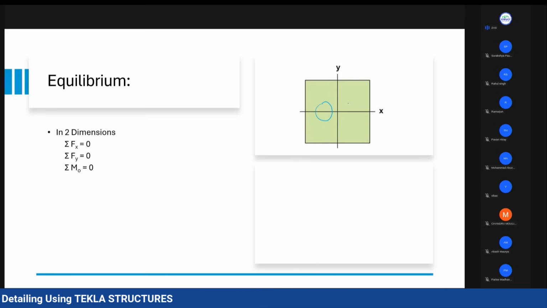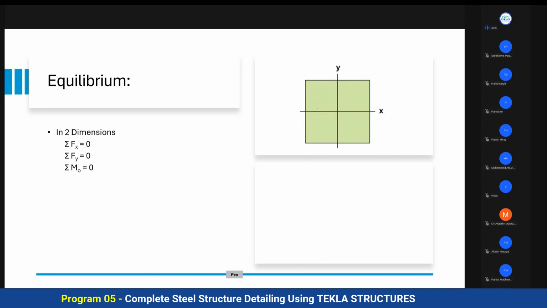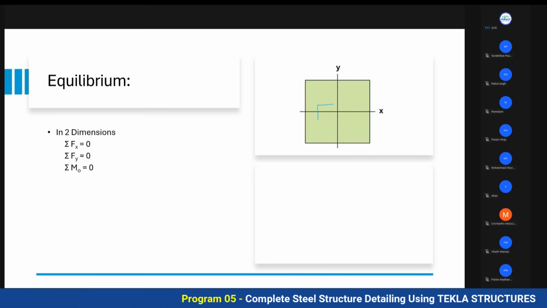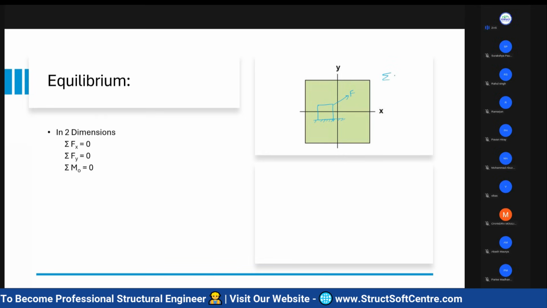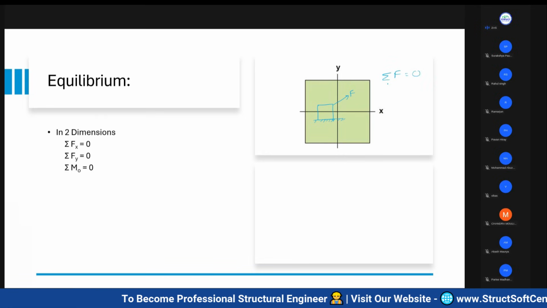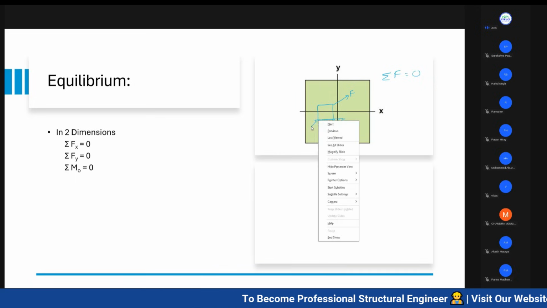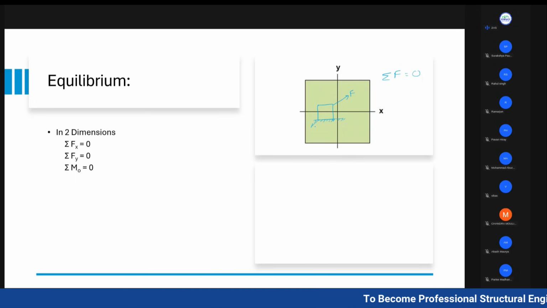In this ball, whatever forces you are applying, instead of a ball, let's take the example of a cube, and maybe this cube is kept on the ground and is supported or welded on the ground, and you are applying a certain force on it. Because of this force, there will be some reaction, and the overall summation of force will be zero. Because of this force, you will have some reaction over here.